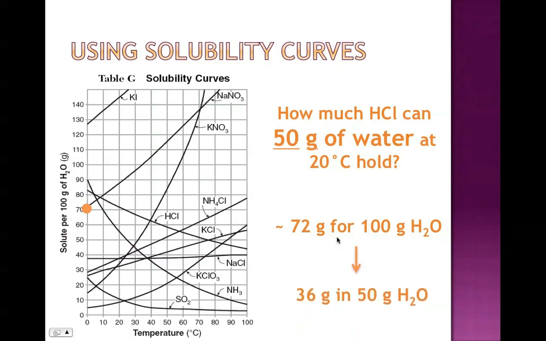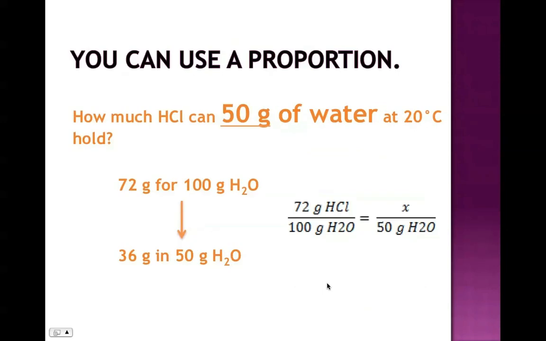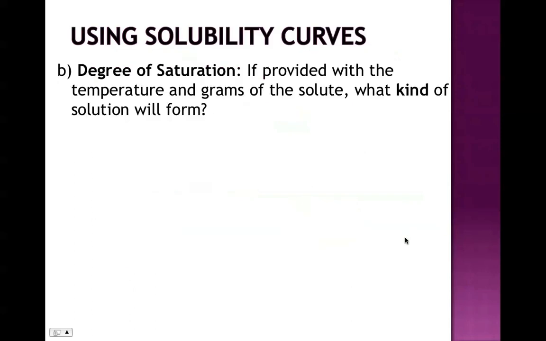So if I have 72 grams for 100 grams of water, I only need 36 grams in 50 grams of water. So half the amount of water, half the amount of solute. Okay, you could also set a proportion here that for every 72 grams of HCl and 100 grams of water would be equal to our unknown in 50 grams of water. So you could also do that instead.